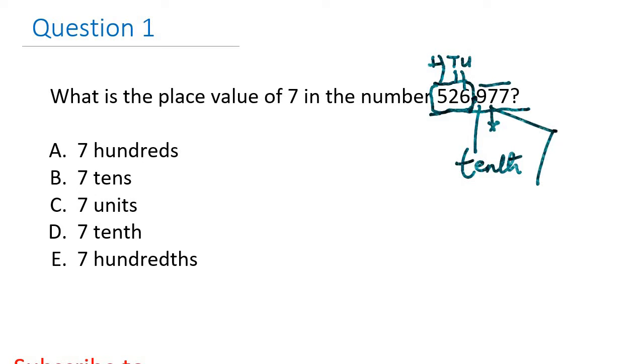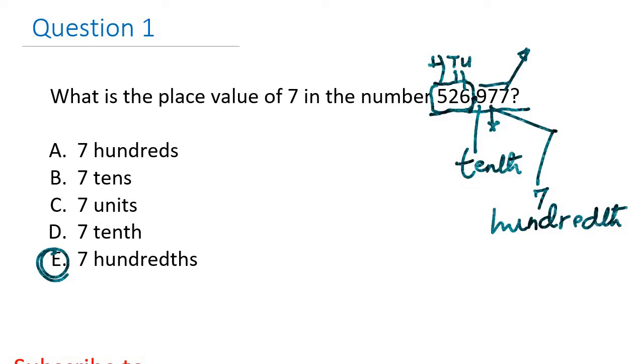The second digit, which I'm going to pick, 7, means the value is hundredths, which means 7 divided by 100. So I'm going to pick E as my answer. Take note, the value of the third digit 7 is thousandths, which means divided by 1000. Alright, so the answer is E.